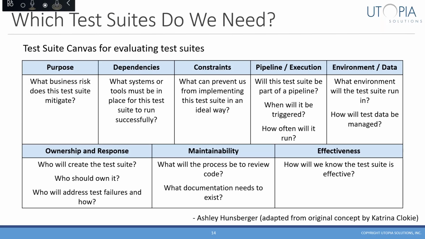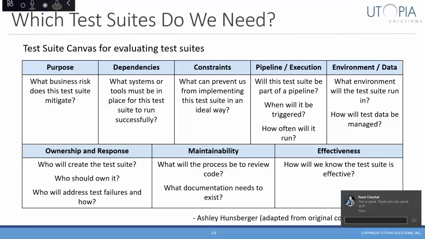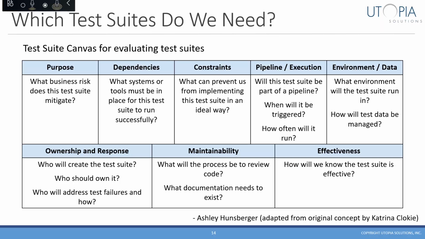Similarly, what constraints exist now that can prevent us from implementing this test suite successfully? Pipeline and execution. Where are we going to execute this test suite with respect to our pipeline? When will it be triggered? How often will it run?